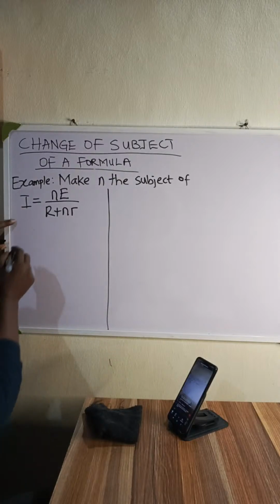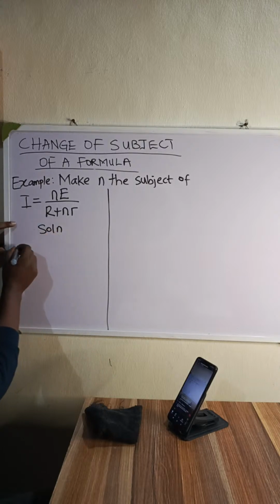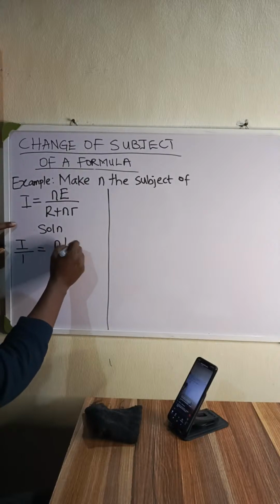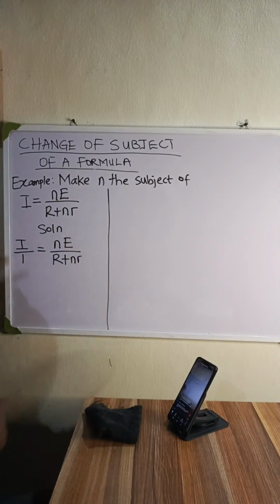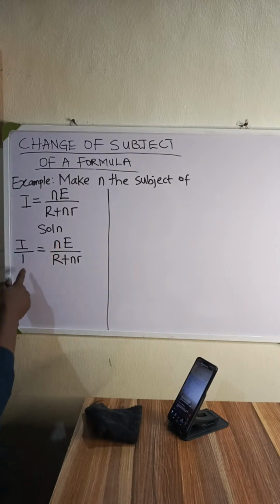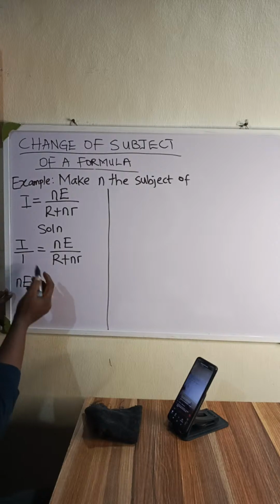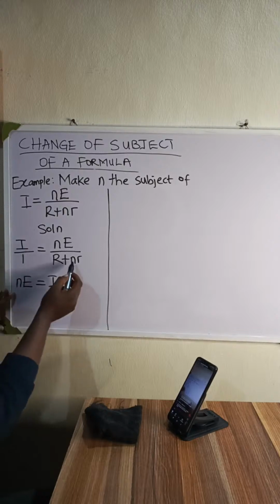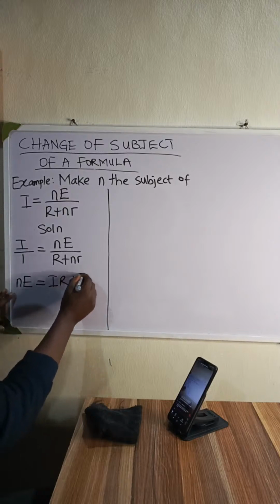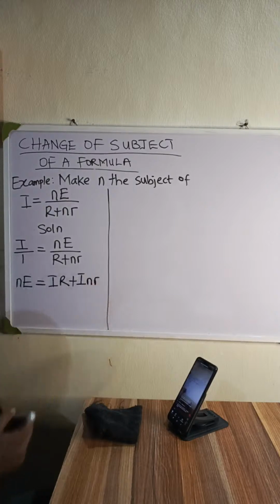So I here is something as I over 1 is equal to nE all over R plus nR. That means I is going to multiply this, and 1 is going to multiply this. So 1 times nE will give us nE is equal to I times R will give us IR, and I times nR will give us InR.